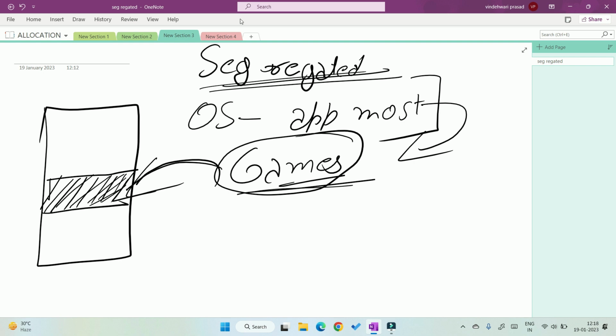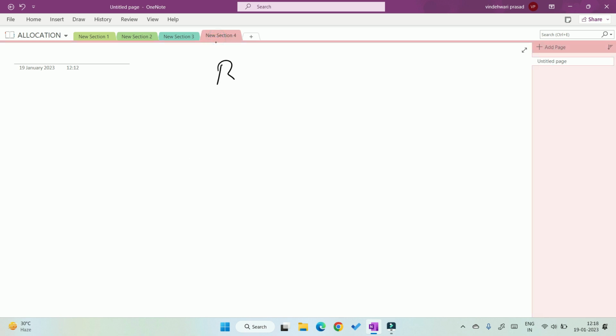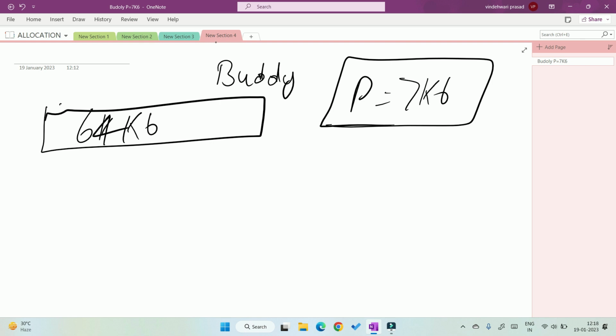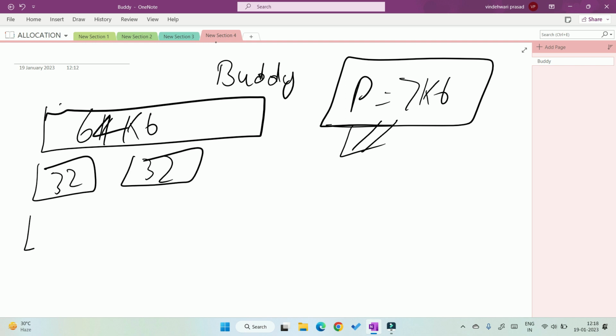The next and last method is the buddy method. What is meant by the buddy method? Suppose there is a process of 7 KB, and the OS has 64 KB of memory. What will the OS do? It will divide the memory in half until it finds a perfect match. It first divides into 32, then 16, then 8.